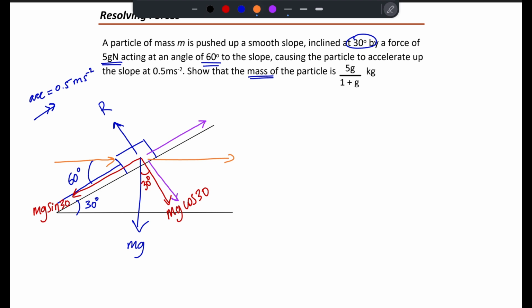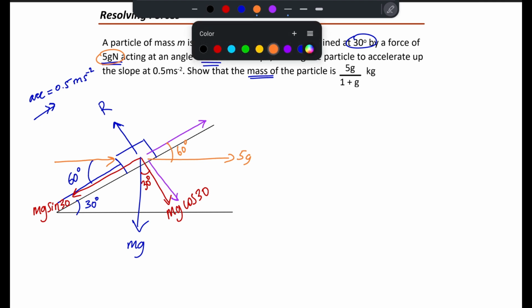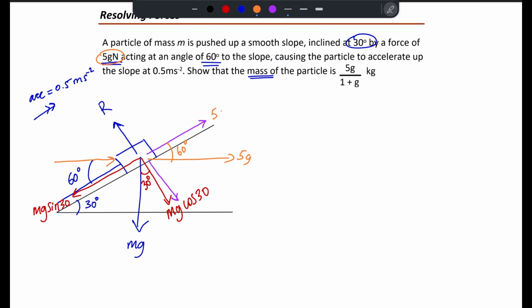Just to reiterate from here, we've been told that that force is 5g, so I'm just going to write 5g. And then the two purple components are, well, let's look at what the angle is here. We know that this angle given to us is 60 degrees. So this will be 5g cos 60.